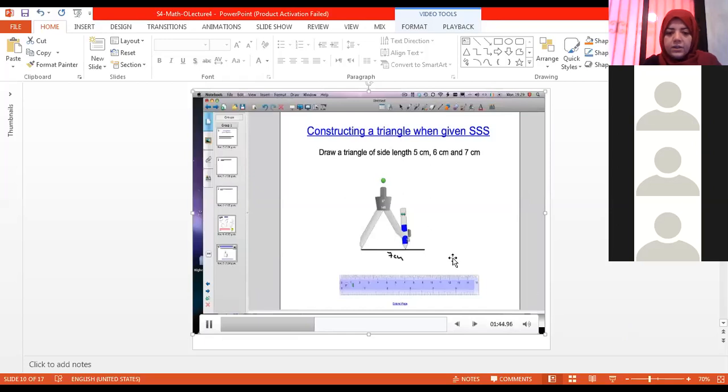Okay, so we draw a small arc. Is it clear now? Yes. Okay. Now we reopen the compass on the third measure, which is 5 centimeters or 6 centimeters. Choose one of them. 5. Okay.